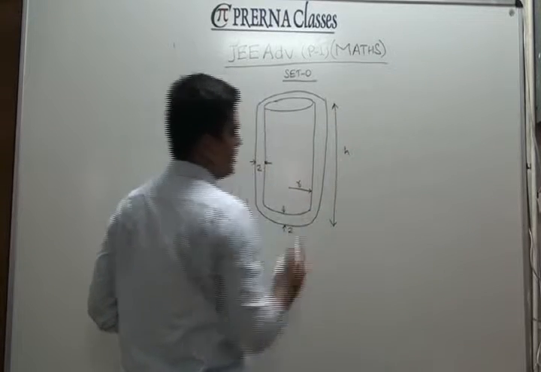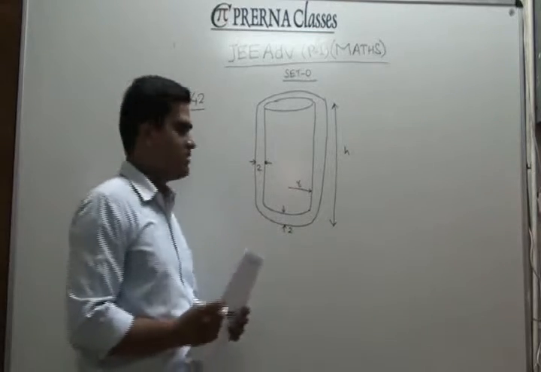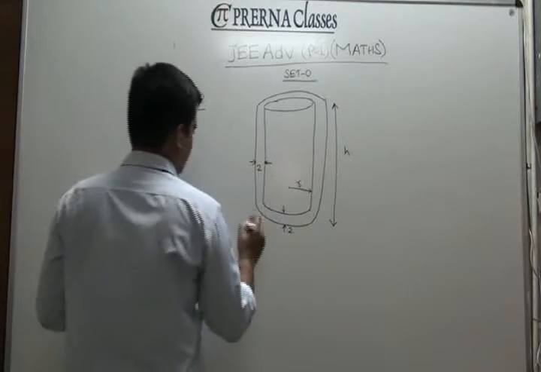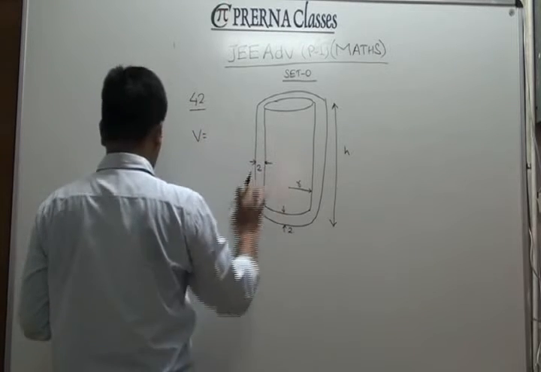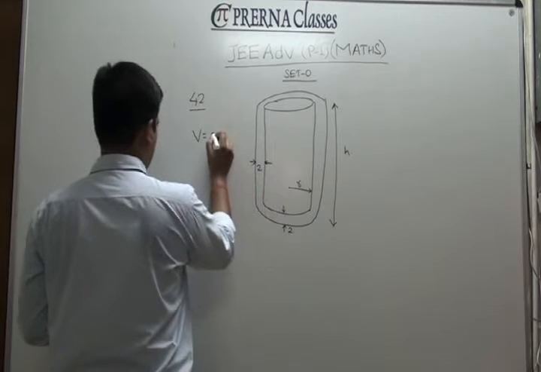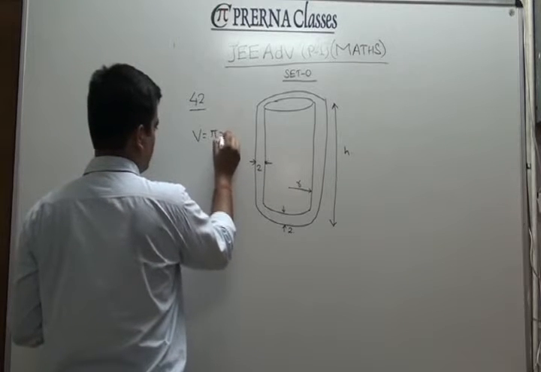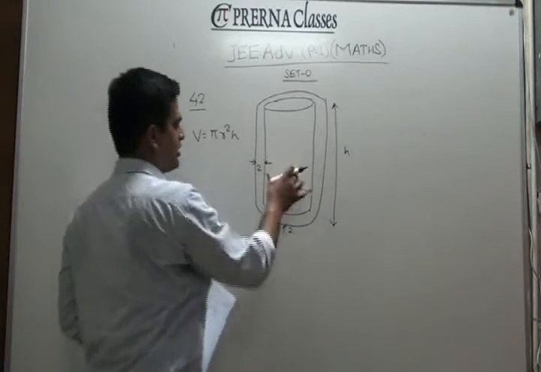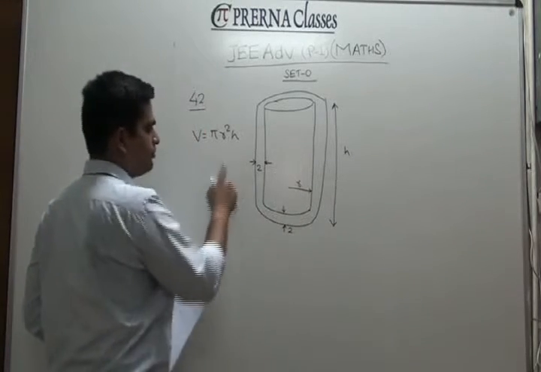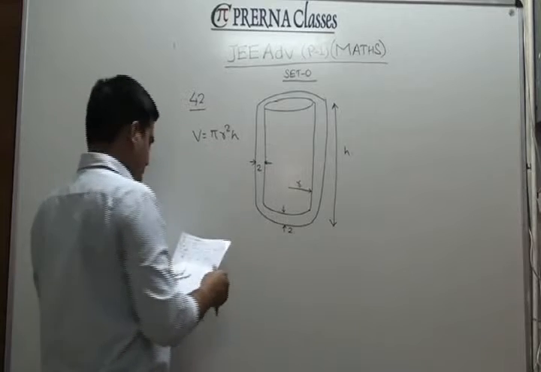If I consider the height of that cylindrical surface as h, you can then check the value which is given to you. The quantity which is given to you is a constant, that is pi r square h, which is the volume of this interior thing, that is the cylindrical volume. This is given to you.